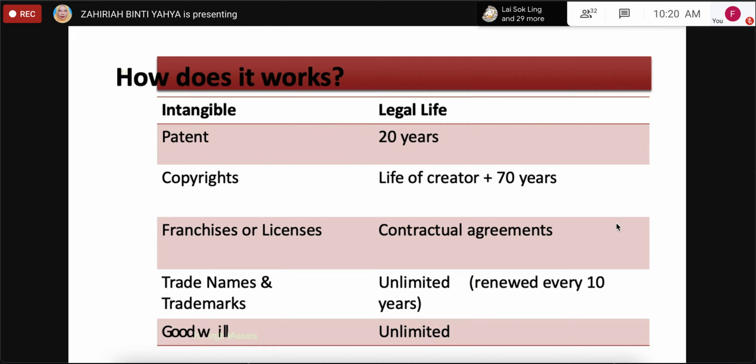Tapi ada orang kritik jugalah. Tak payah fikir sangatlah pasal kritik. Kenapa orang kritik? Sebab kita kena estimate future income kan?